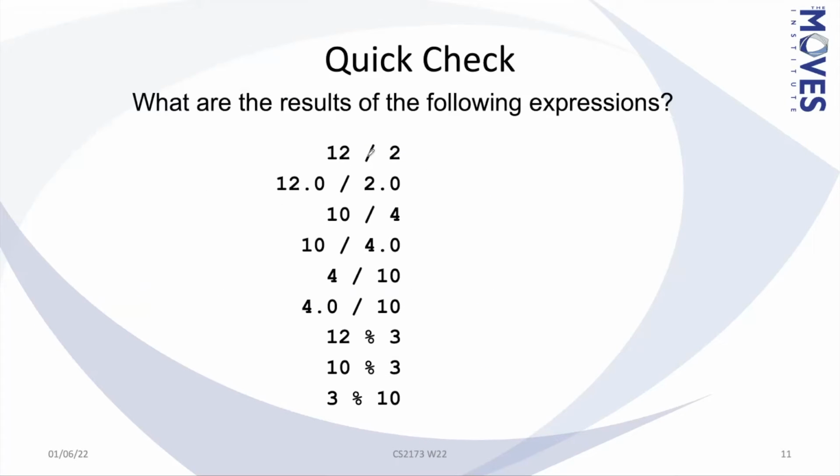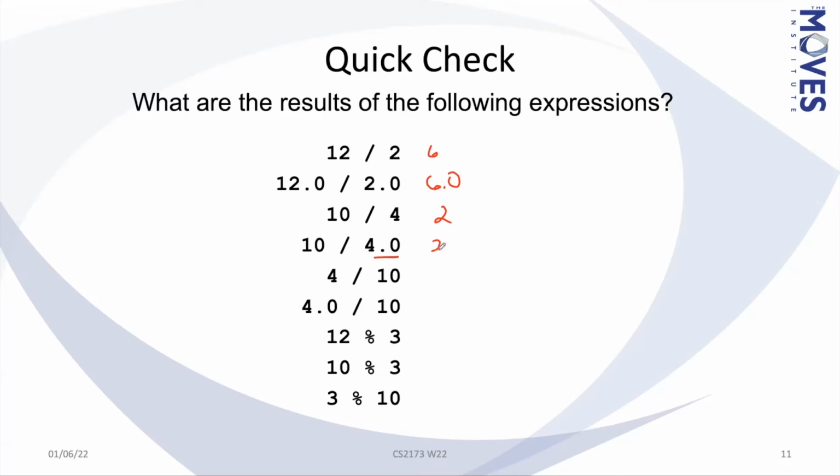Just as a check, if it happens evenly, it's 6, right? Now notice that these are floating points, so the result is 6.0. So now these are two different things. This is the integer 6, this is the floating point 6. 10 over 4 would be just 2, but 10 over 4.0, because of the 4.0, the result is going to be a floating point.